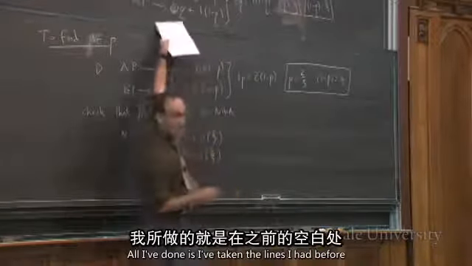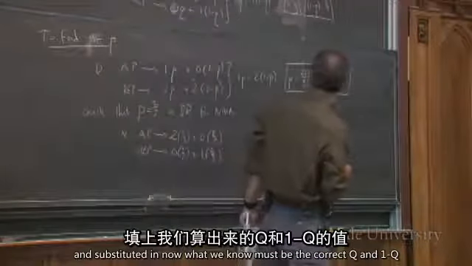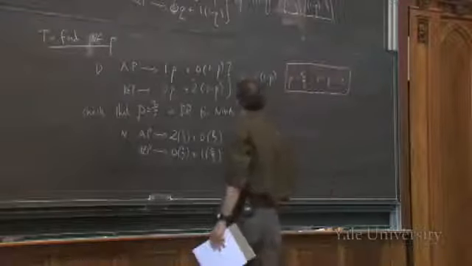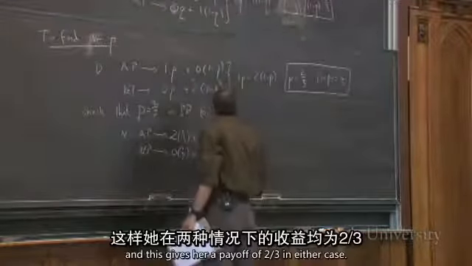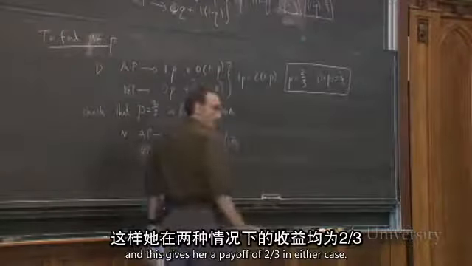All I've done is take the lines I had before and substitute in what we know must be the correct Q and 1 minus Q. And this gives her a payoff of 2/3 in either case.